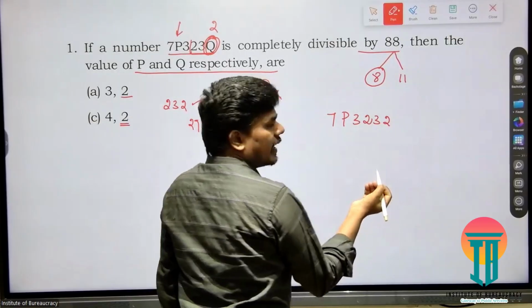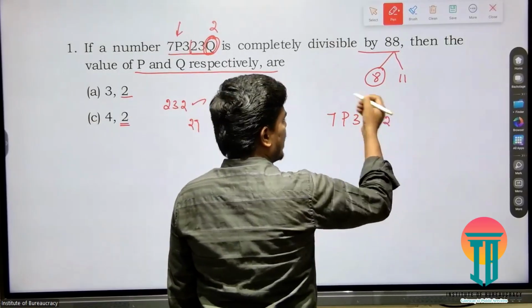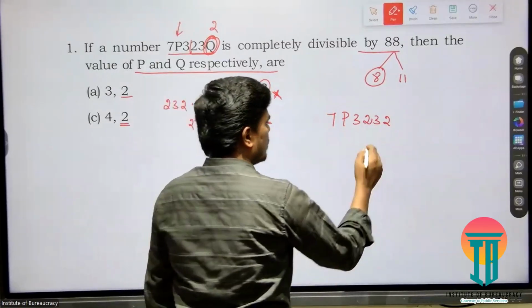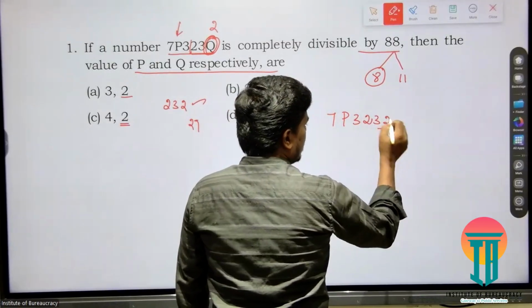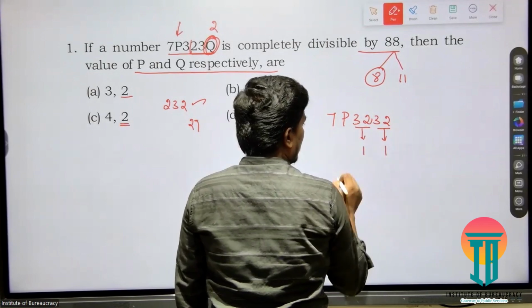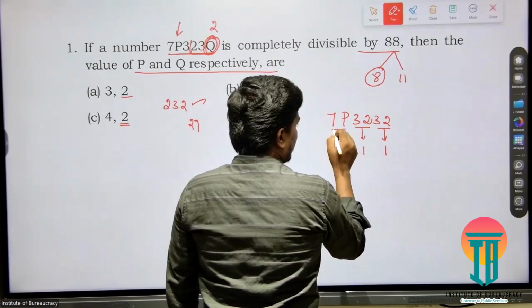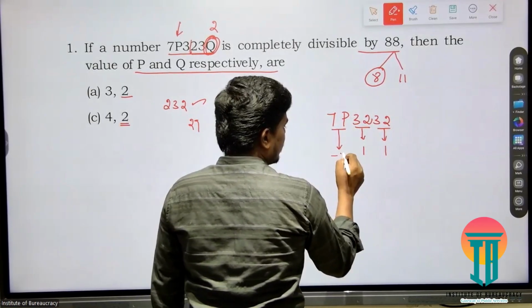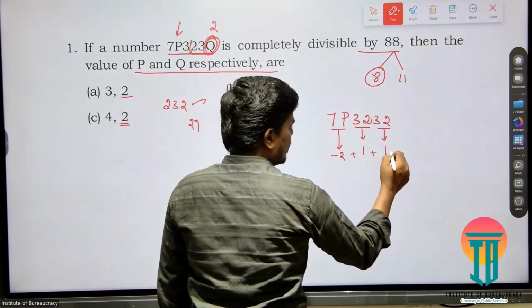We usually take the difference, or else you can add the odd place numbers and even place numbers and find the difference. I'm going with this: 3 minus 2 is going to be 1, 3 minus 2 is going to be 1. And then 7 minus P, I should get minus 2, then only I can make this total to be 0.